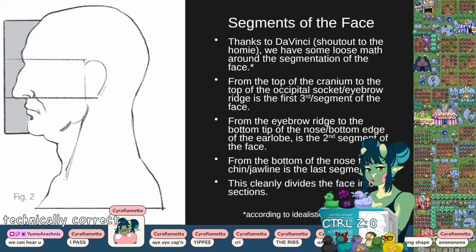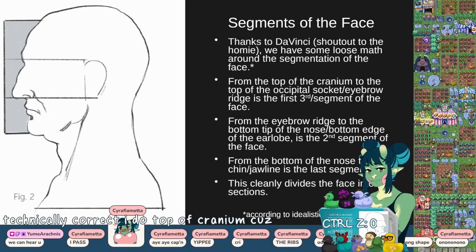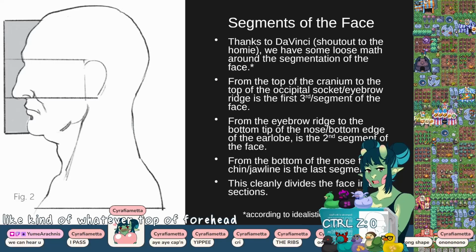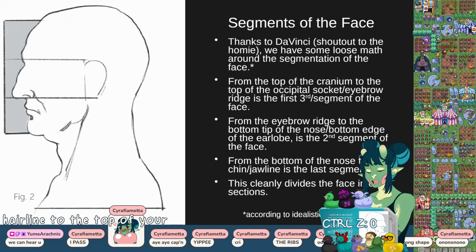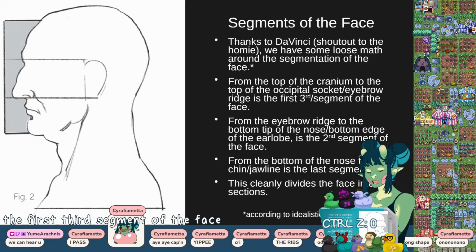I do top of cranium because it's kind of whatever. From the top of the forehead, the hairline, to the eyebrow ridge is going to be the first third segment of the face. That's your forehead, right? That's also the first plane of your face.